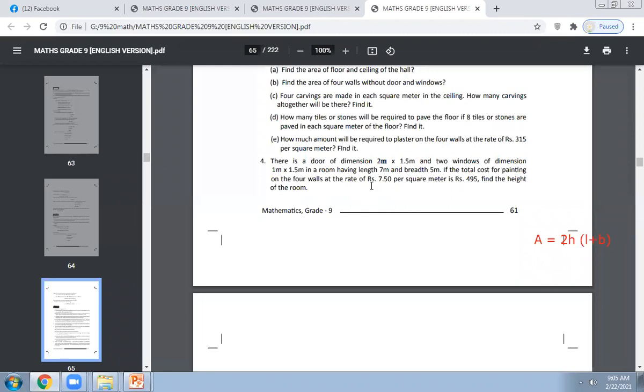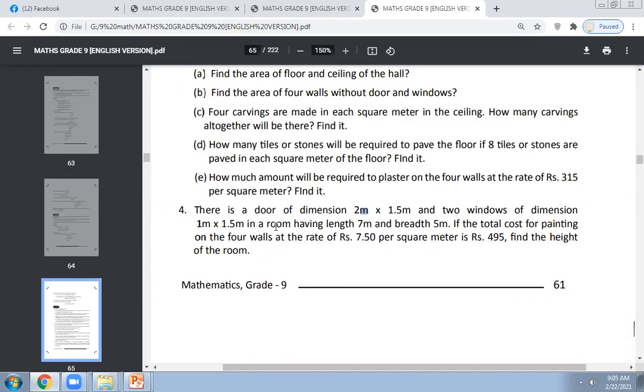So what do you understand after reading the question? How many doors are there in the room? One. How many windows are there? Two. And length as well as breadth of the room are 7 meter and 5 meter.